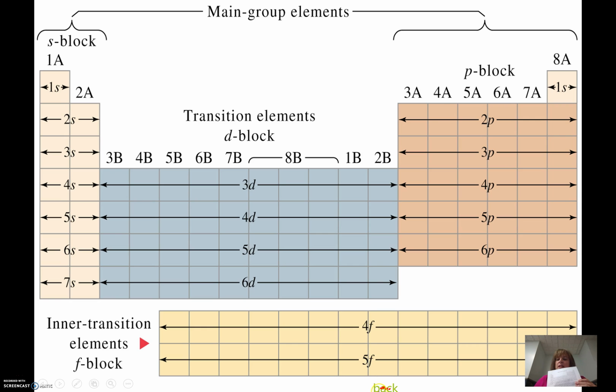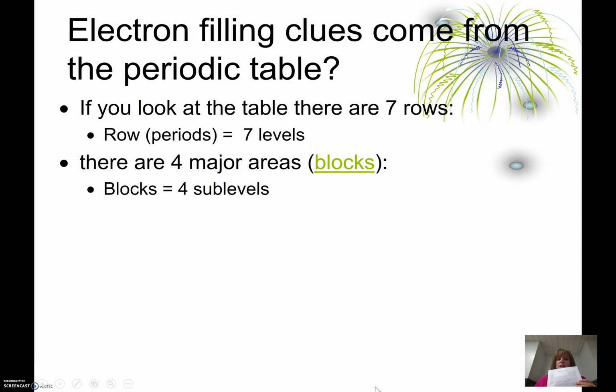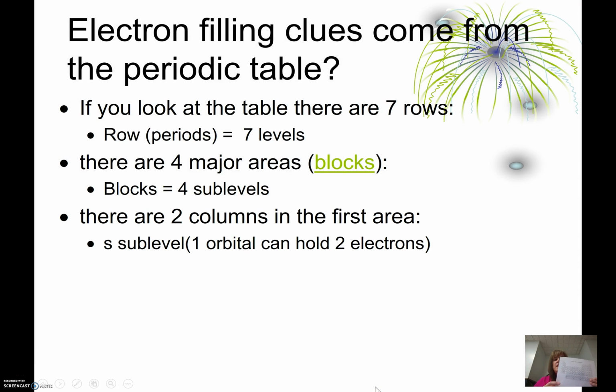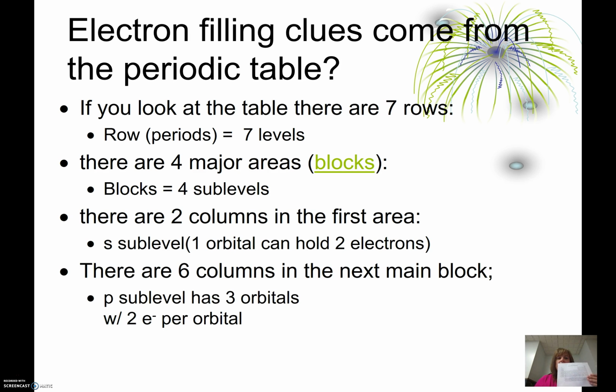Now, this is significant, and I'm going to tell you why. If you take a look, in the S block, these first 2 columns here, remember that an S sublevel can hold 2 electrons. And notice there are 2 columns. If we skip over to the P block, a P can hold 6 electrons. And if you count 1, 2, 3, 4, 5, 6, there are 6 columns.